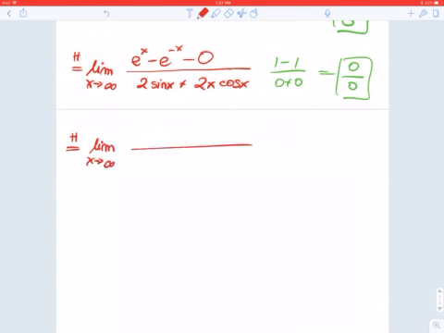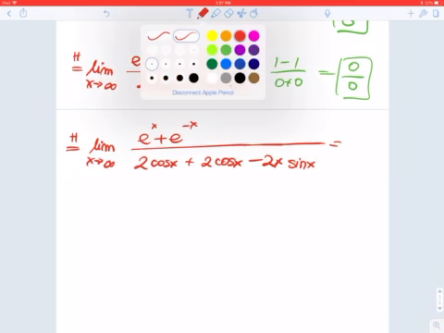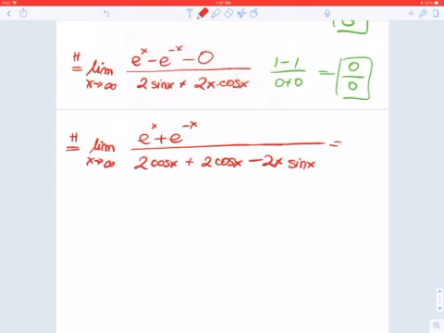Let's see. Limit as x goes to 0. Derivative of e to the x is e to the x. Derivative of negative e to the negative x is positive e to the negative x. And then the derivative of 2 times sine of x is 2 cosine of x. And another product. Derivative of 2x is 2 times cosine of x plus 2x, and the derivative of cosine is negative sine of x. Okay, and let's check what we have. Actually, I can use it. e to the 0 is 1, e to the 0 is 1.